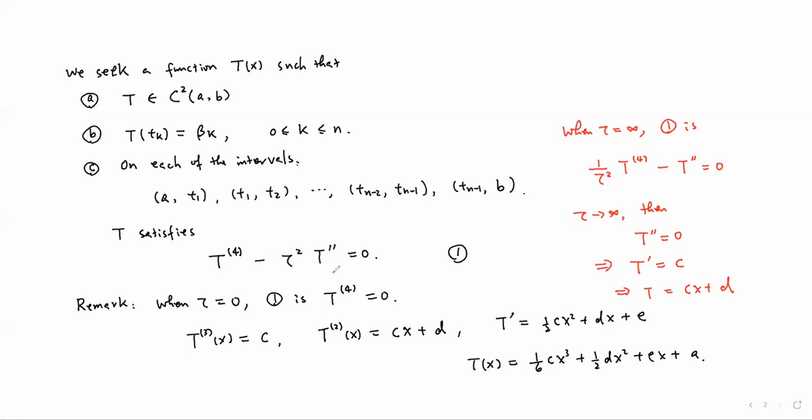So tau here, we interpret tau as a force. When the force is small, the graph is nearly the graph of a cubic polynomial. When the force is large, then the graph is nearly a line. So tau is a force.